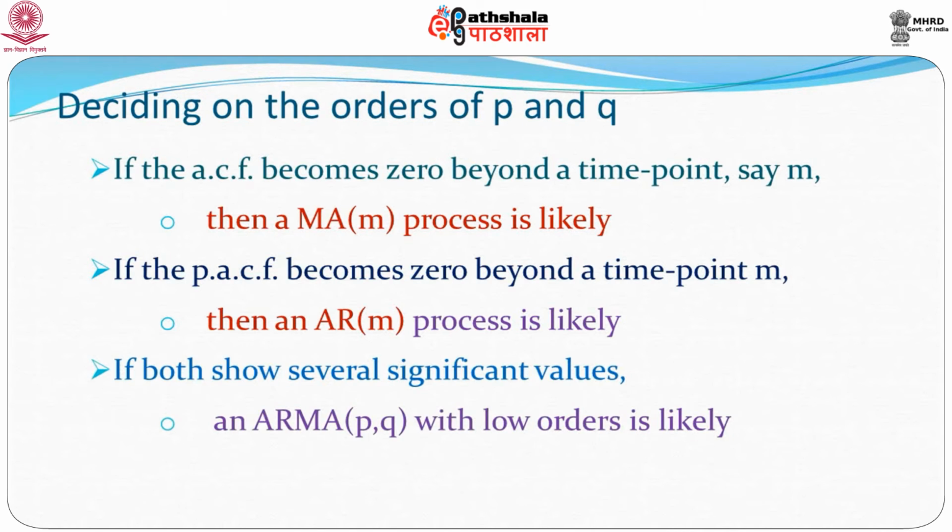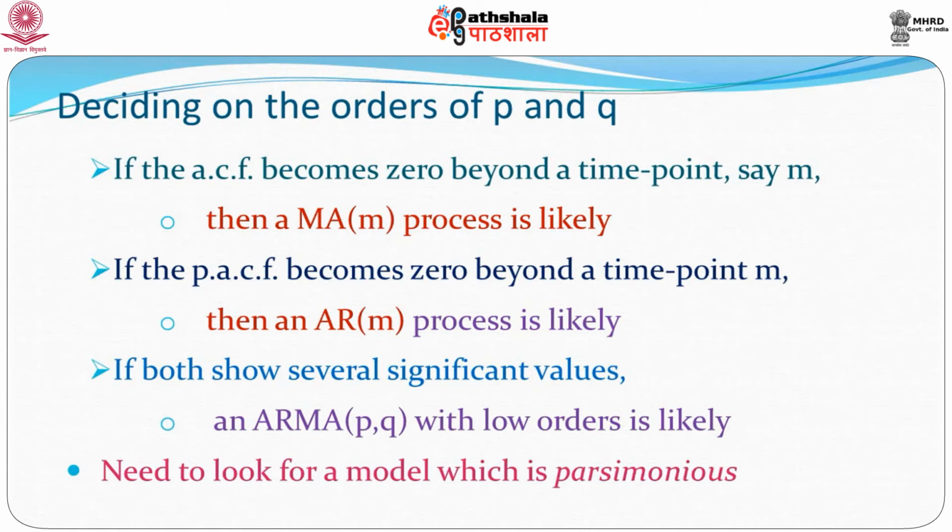But if both show several significant values, then we know that we need to fit an ARMA(p,q) with some orders, preferably a low order ARMA. We need to look for a model which is parsimonious in the sense that it has low values of p and q. We will see how we do this.